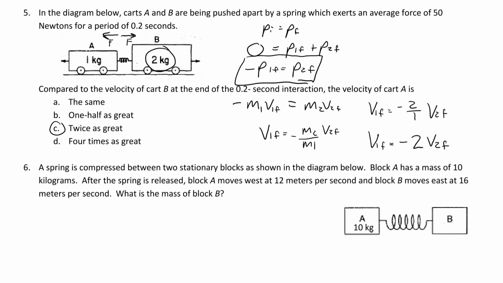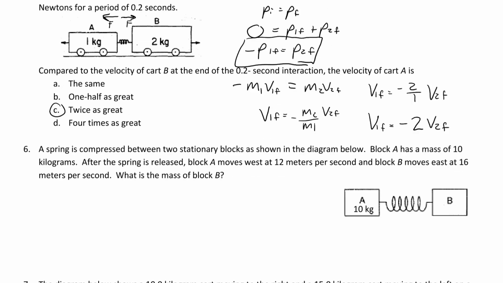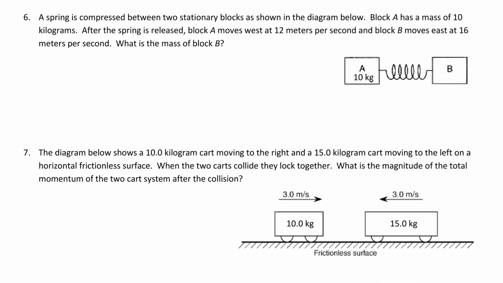So in order to have the same momentum, A has to be moving twice as fast to make up for it being half as great in terms of the mass. So conceptually, that's one way to explain it, but this is the math way to explain it too. So whichever way works best for you, or both.